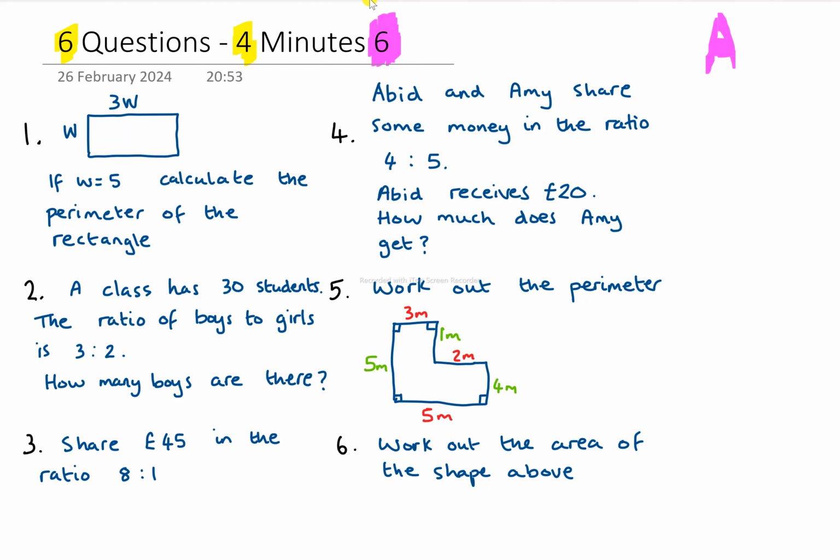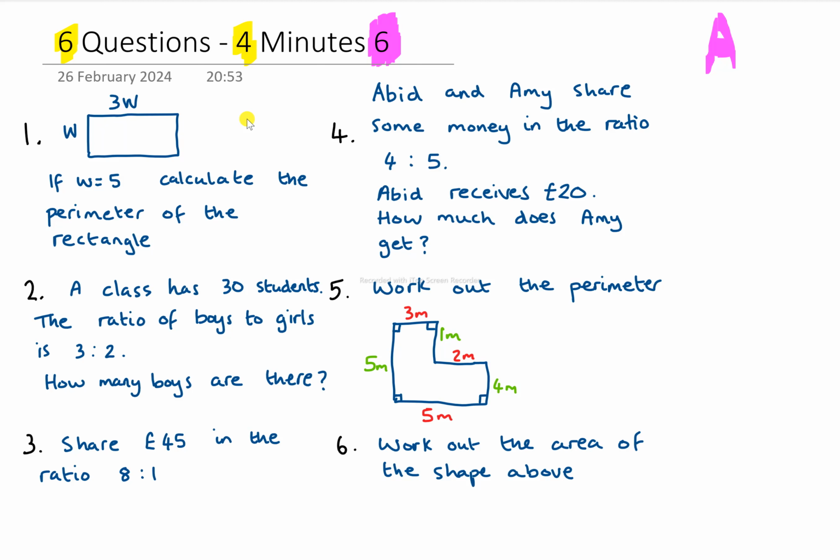Right, okay, so you've got a rectangle here. It's W wide and 3 W's long. Now what they're saying is if W equals 5, what is the perimeter?